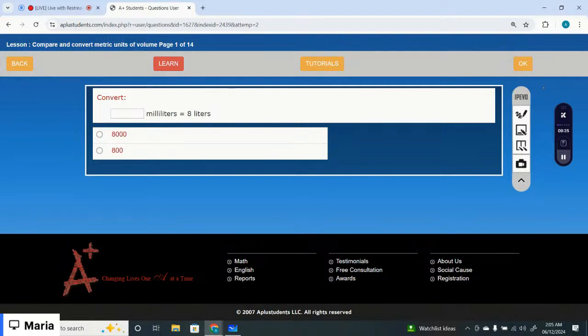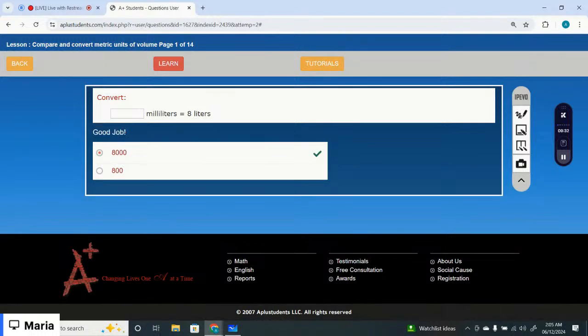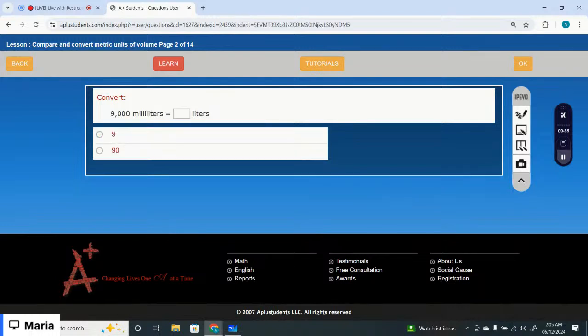That is 8,000 milliliters. Option number one is the correct option. Very good. 9,000 milliliters equal how many liters? That is 9 liters.